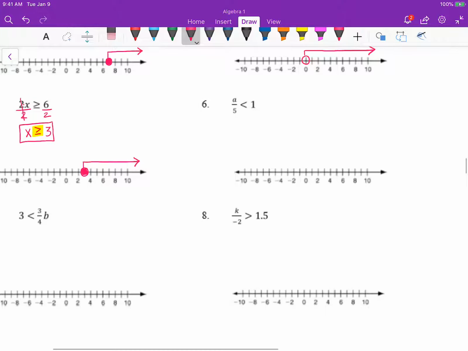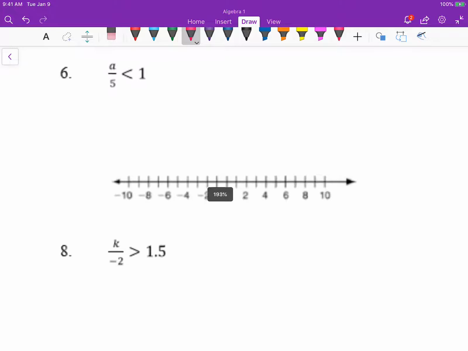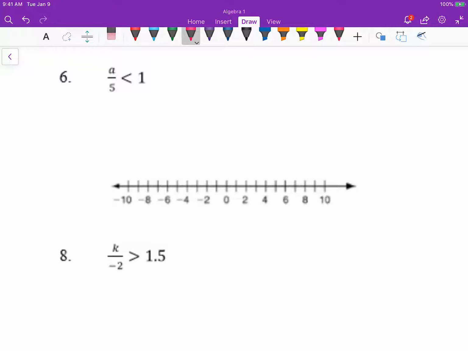Number 6 is not a multiplication problem right now. Right now it's a division problem, and A is being divided by 5. So to get A by itself, we're going to multiply both sides by 5. We cross those off, and it leaves us with A, a less than, and then 1 times 5 is just 5. A is on the left-hand side like we like it, so we can go ahead and box that in.